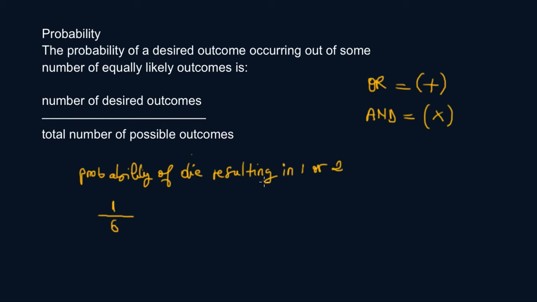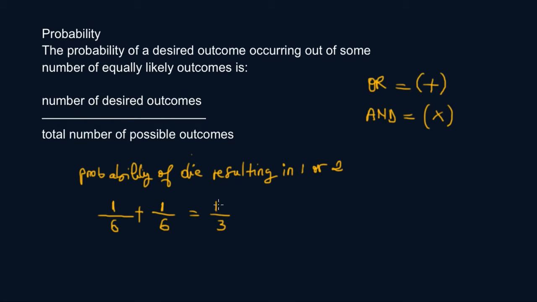The probability of a die resulting in 1 is 1 over 6. The probability of a die resulting in 2 is also 1 over 6, but you need either or, so you add them together. So the probability of a die resulting in 1 or 2 is 1/3, right?